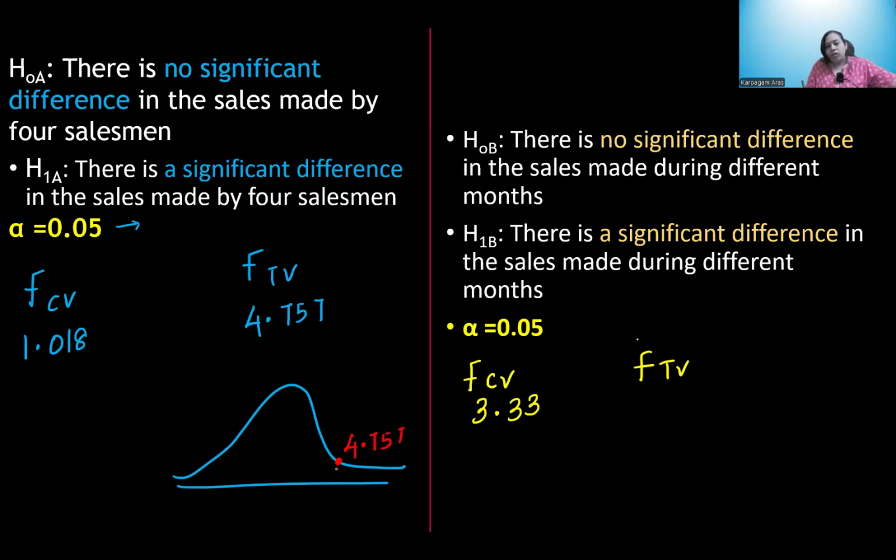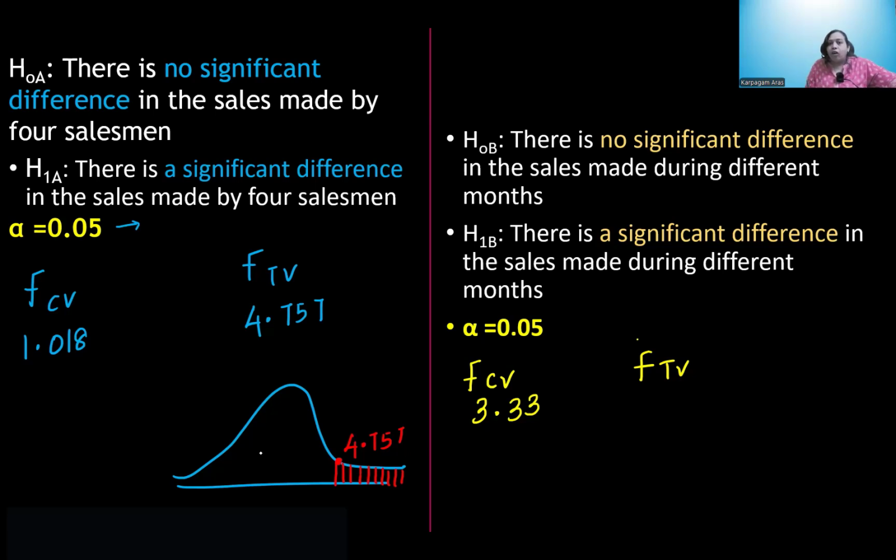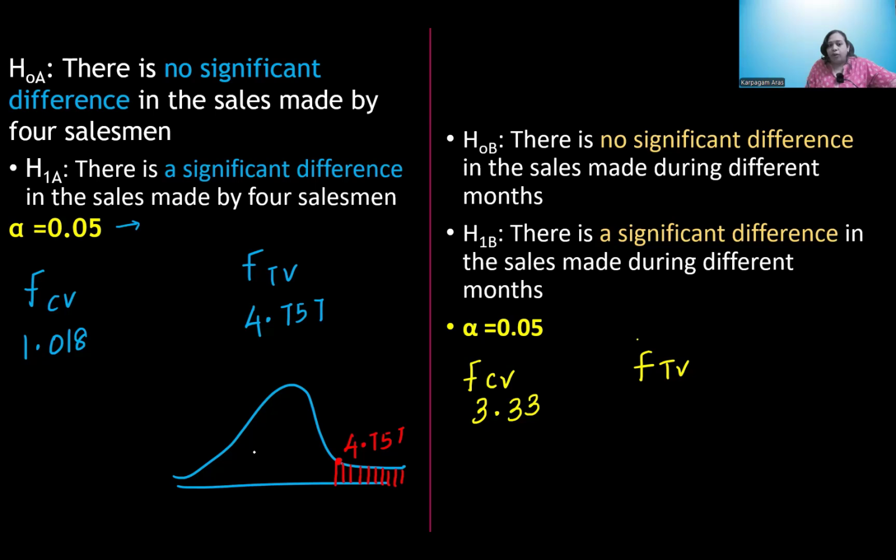The F table value is 4.757, which means if the calculated value falls on 4.757 or after that, we will accept H alpha. But in our case, the calculated value is 1.018, which is much before 4.757. If the value falls before the critical region, we will accept H naught.